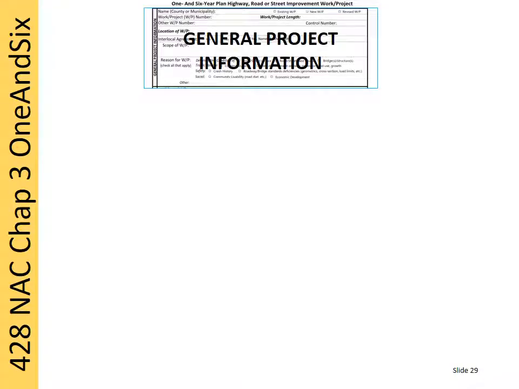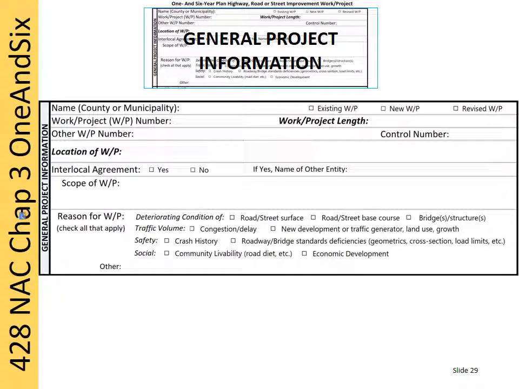Rows 7 and 8 of the spreadsheet. In row 7, enter or select the applicable reason or reasons for the work or project. A reason is what is driving the work or project and why it is being done. It can be a transportation deficiency, a problem to be solved, an unsatisfactory condition, a community need, or it may be other issues.